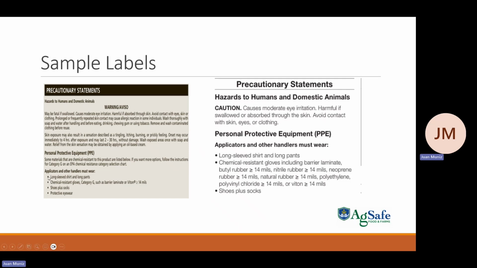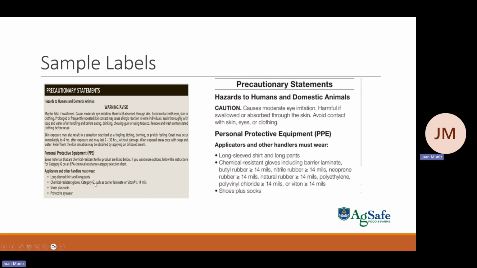And if you look further here, applicators and other handlers must wear long sleeve shirt and long pants, chemical resistant gloves, and category G mentioned again, such as barrier laminate or Viton, greater than or equal to 14 millimeters thick, shoes plus socks, and protective eyewear. So here they tell us that they must be chemical resistant. They also mention category G, and they even give us some examples of the materials and thickness.